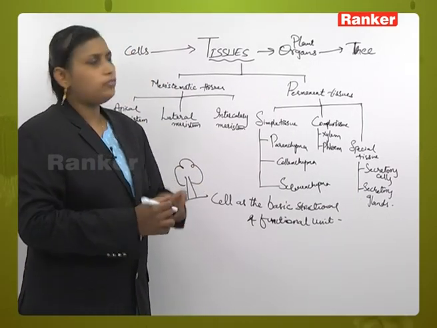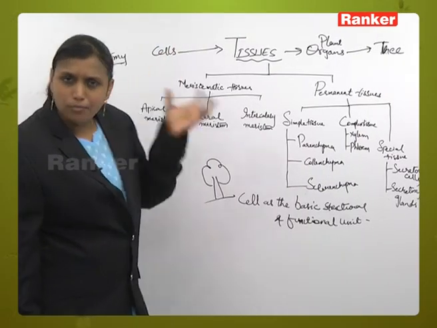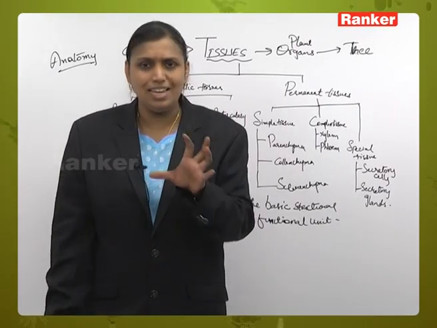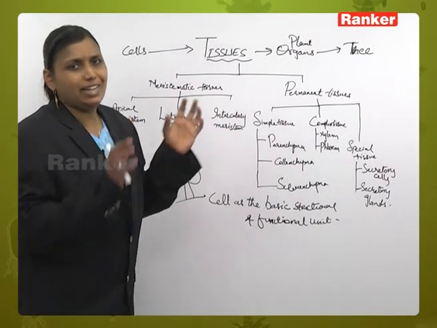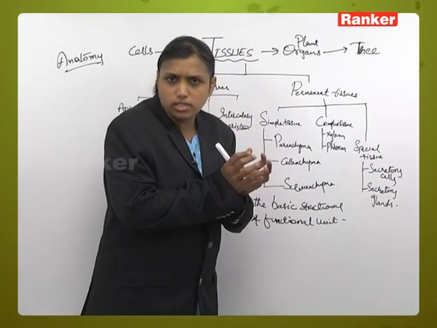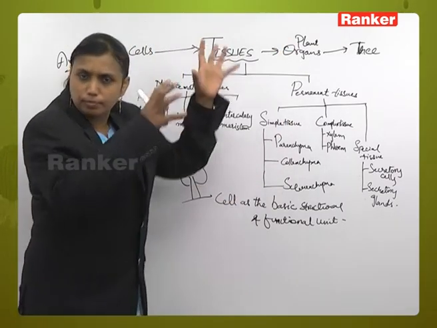N number of organ systems will give rise to a total structure. In the same way, in the plant body also, the basic structural and functional unit is the cell, a group of cells put together makes a tissue, and a group of tissues combined makes different organs. Next, this group of organs combines and makes a complete plant structure.